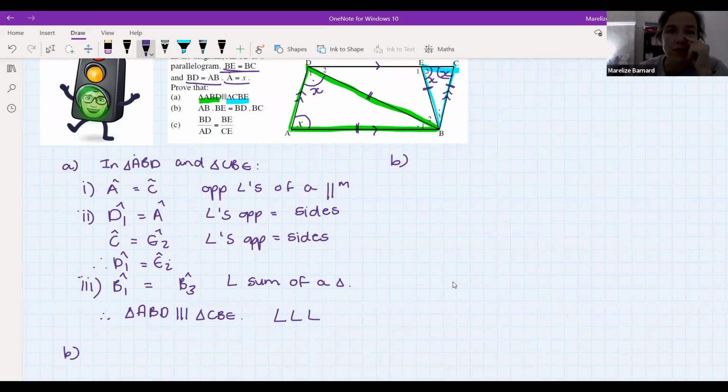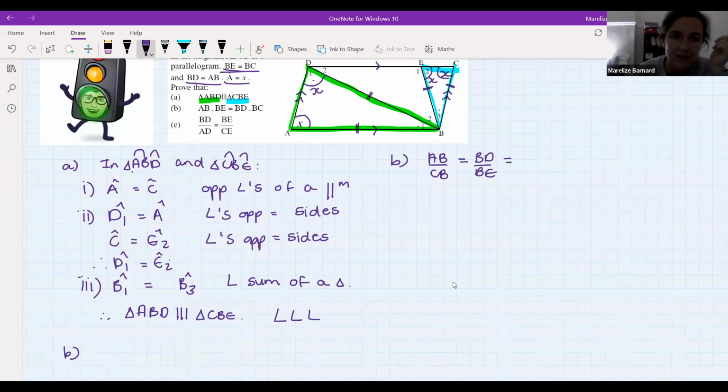So I'm just going to work from here, AB over CB. That means AB and CB are corresponding. Next set of corresponding sides that are in proportion is BD to BE.